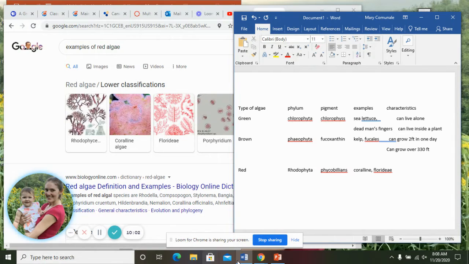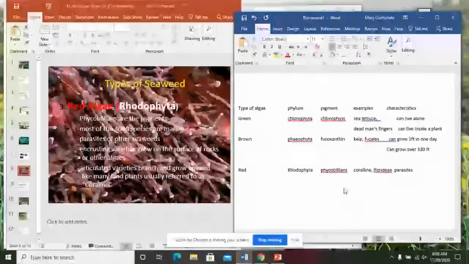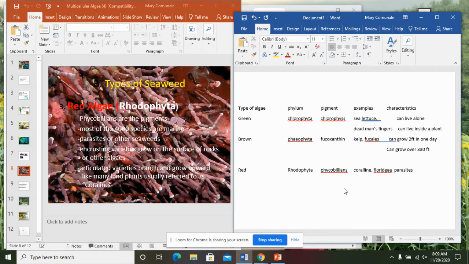Now for the characteristics part of it. They're parasites, which is kind of interesting. They can grow on rocks or other plants.